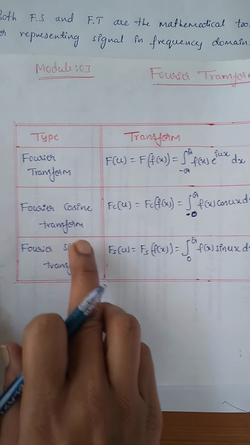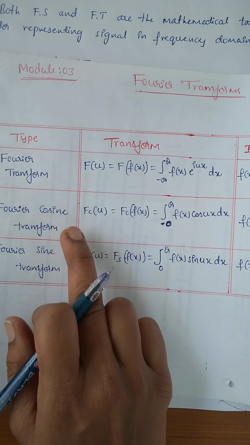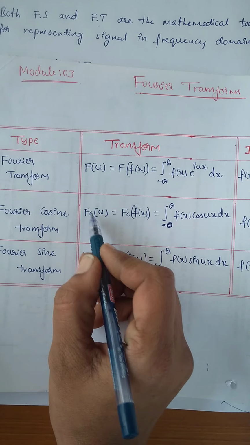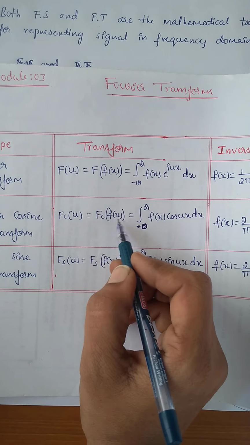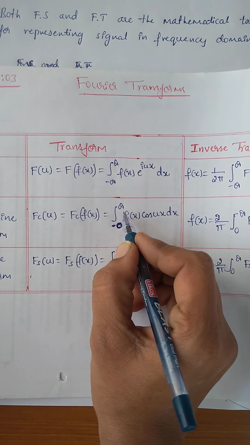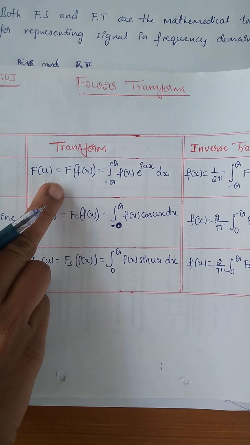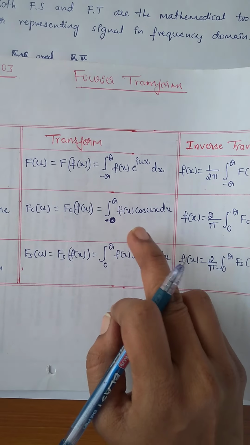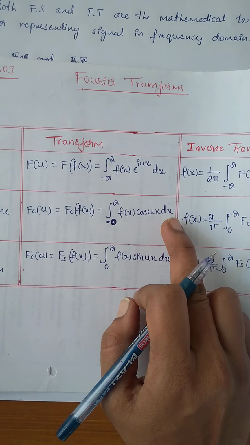The Fourier cosine formula is represented by capital Fc of u, c is nothing but cosine. Fc of u, or Fc of f of x, is equal to the integration from 0 to infinity. Don't get confused. For the Fourier transform direct formula we integrate from minus infinity to infinity, but here 0 to infinity: f of x into cos ux into dx.